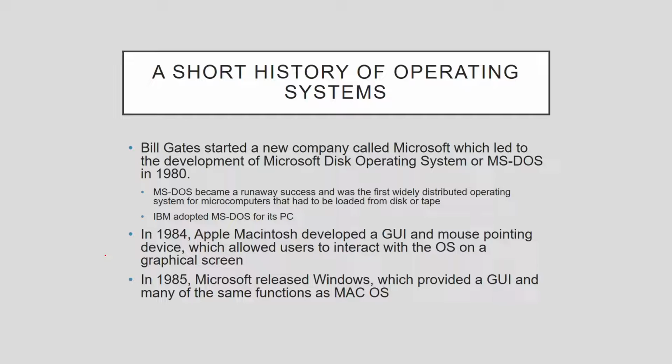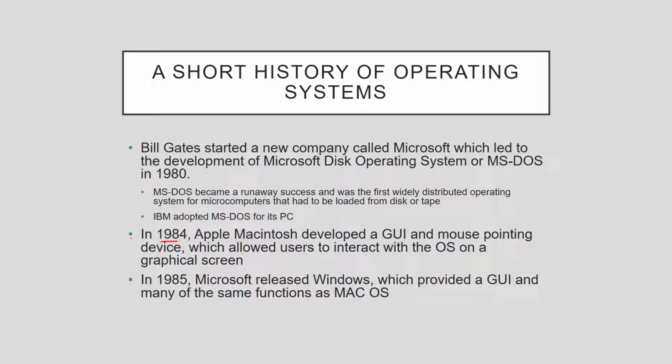Then along came the Apple Macintosh in 1984 with its GUI and mouse pointing device. This allowed users to interact with the operating system on a graphical screen.